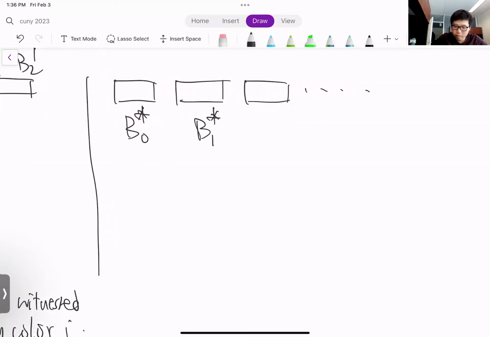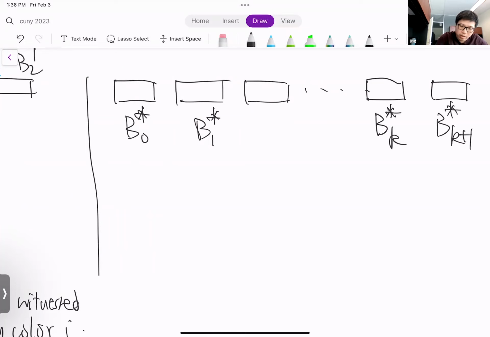So what I make sure is the following. Let me say this is Bk plus 1 star. If I'm given any alpha and beta here, what I make sure is that there are many guys here that have color I with alpha.